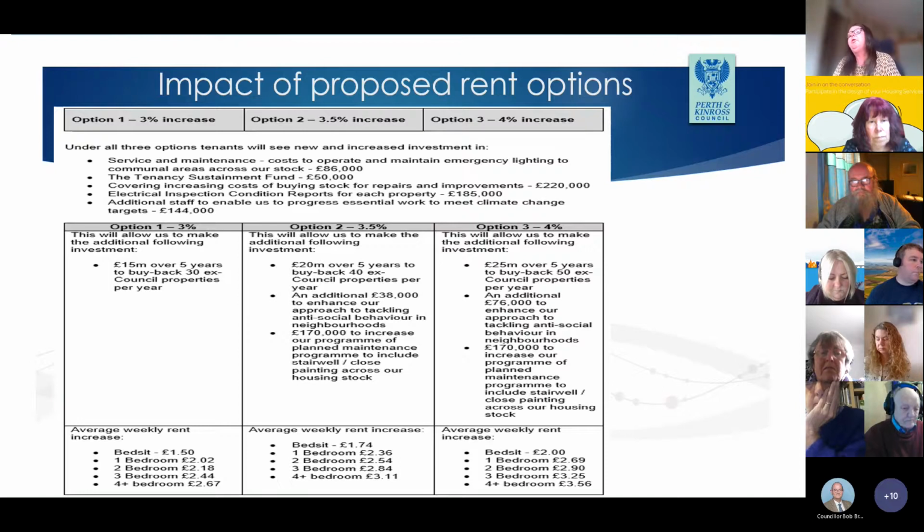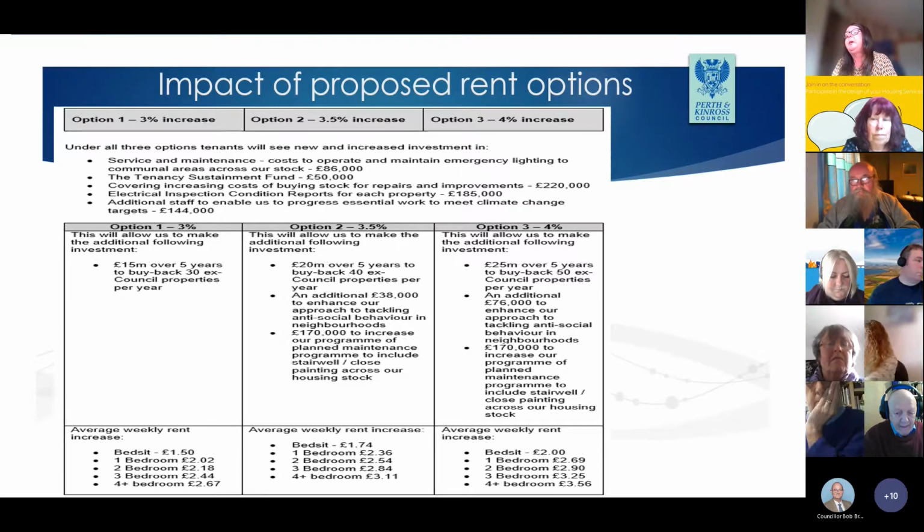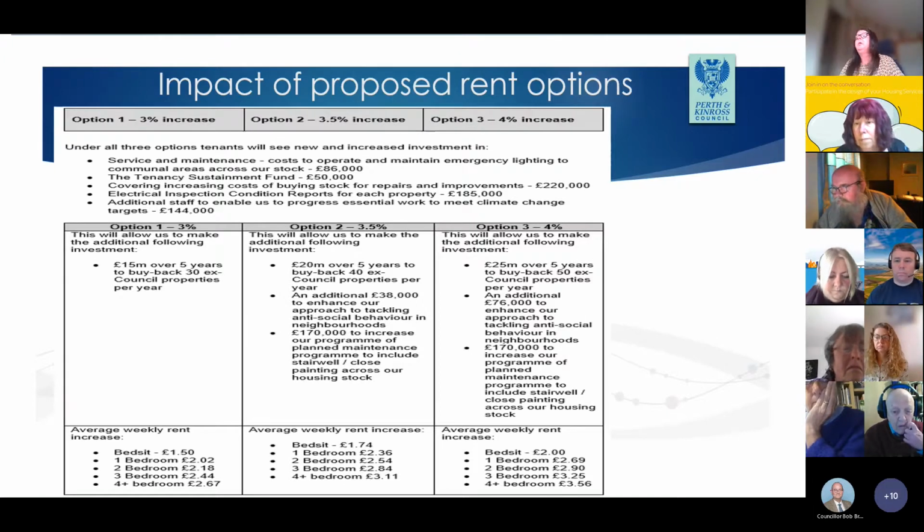However, under each of the options, there are differing levels of other investment. Under option 1, 3%, we would also be proposing an additional £15 million over 5 years to buy back 30 ex-council properties per year. As you can see underneath option 1, the average weekly rent increase would be from £1.50 for a bedsit to £2.67 for a 4 bedrooms or larger.